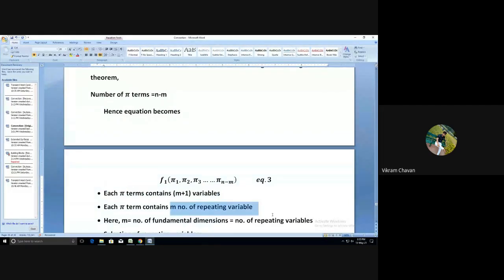Okay, m number of repeating variables, यानी कि जितने फंडामेंटल डायमेंशंस इंक्लूडेड है उस फिजिकल फिनोमेनन में उतने रिपीटिंग वेरिएबल हमें कंसीडर करने पड़ेंगे ईच पाई टर्म में.